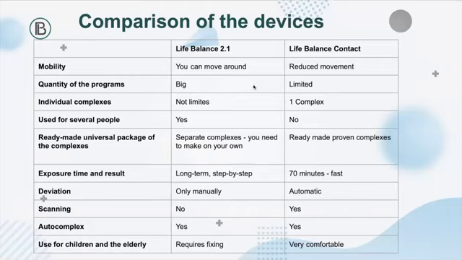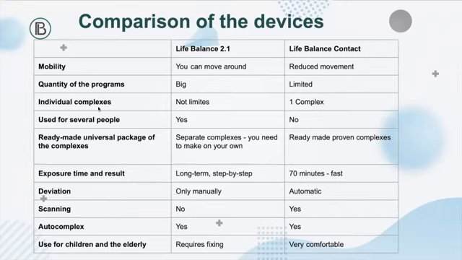And then in the library of the programs, in our programmer, you can download out of 3,000 different programs, create many complexes, have them all stored in the device at the same time, while Life Balance Contact allows you to have one program downloaded at a time. It can be an automatic program made by the results of a test, or any other program, but only one.